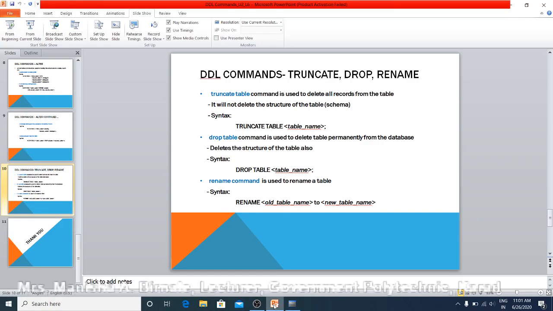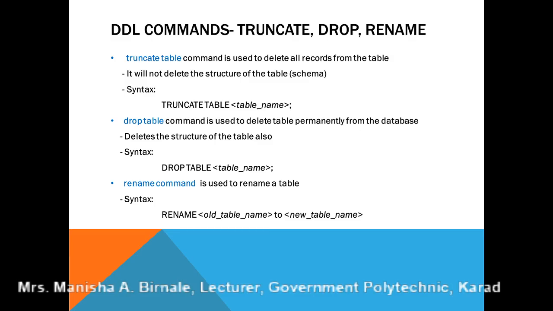Actually we have not created any record in the table, but if there were some records in the table, the truncate table command deletes all the records from that table. There is another command, drop table, and this drop table command is used to delete table permanently from the database. Means it deletes the structure of the table also.